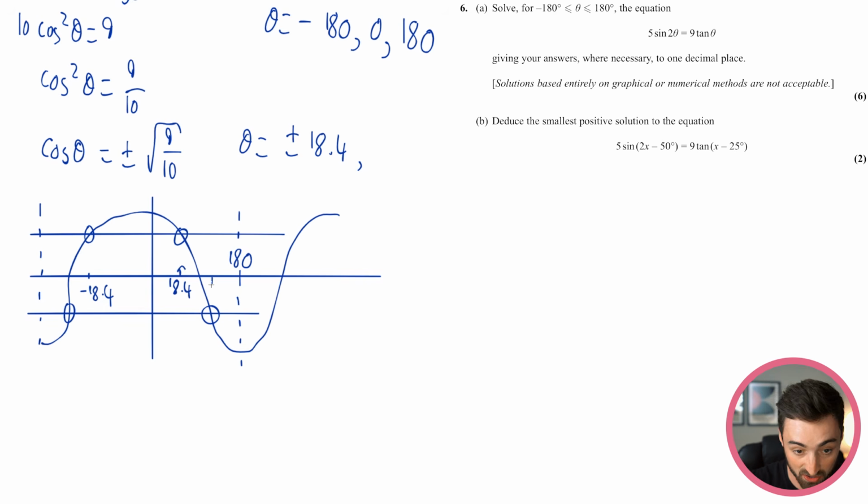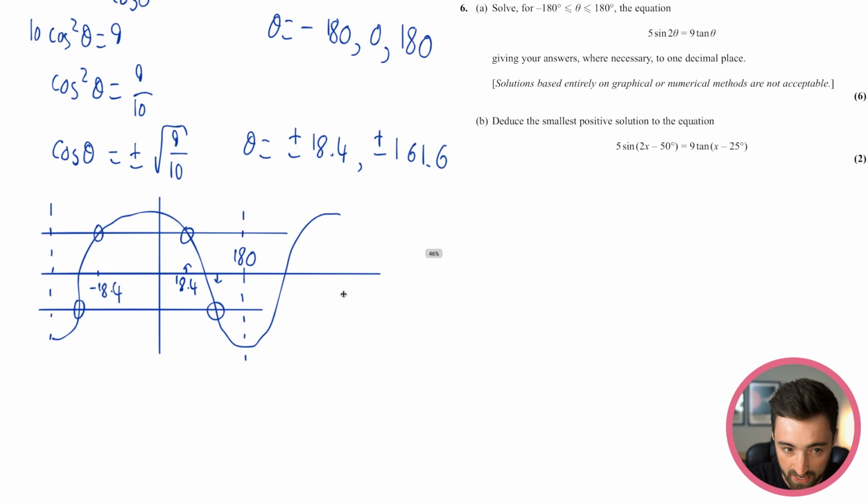So that's going to be corresponding to that one there, it's greater than 90. And again, because of cos being even, this one here is also going to be negative that. So I'm going to get a plus minus. So all of my solutions here, I get 1, 2, 3, 4, 5, 7 solutions. So it's a bit of a big one, but you get 6 marks.